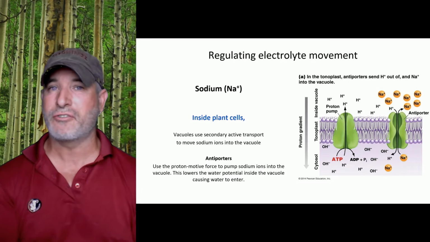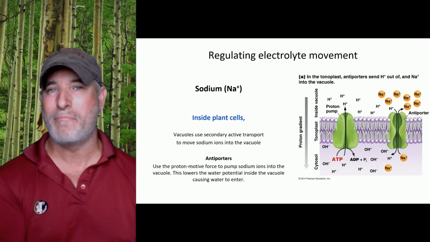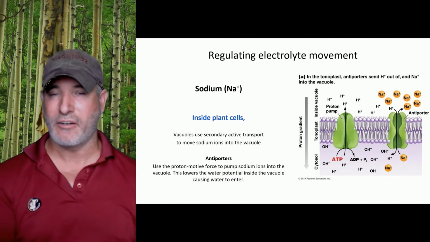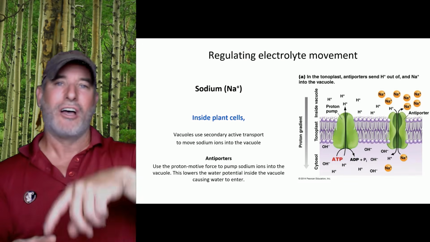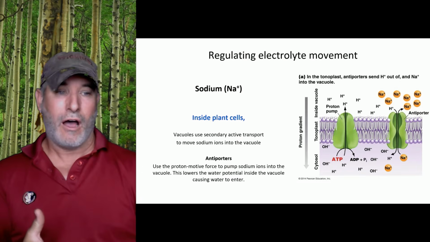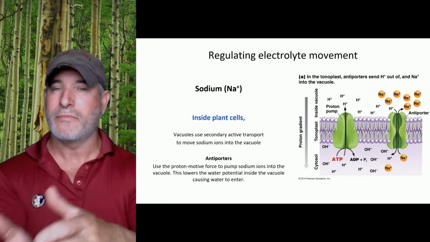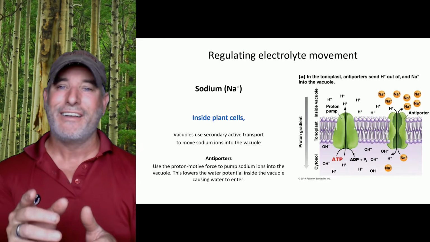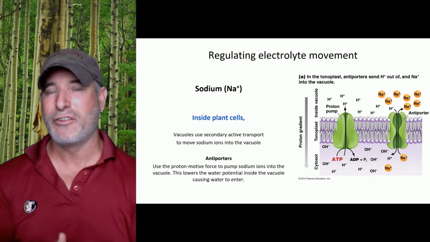You are storing potential energy as a membrane potential. We're storing energy like you would in a battery. Now, these protons, they're out of equilibrium with the cytoplasm of the cell. Because remember, we're in the vacuole. So the protons will go through an antiporter. They're just going down their electrochemical gradient. Their potential energy is transformed to kinetic energy. And as it does so, it pulls a sodium ion the opposite way into the vacuole.